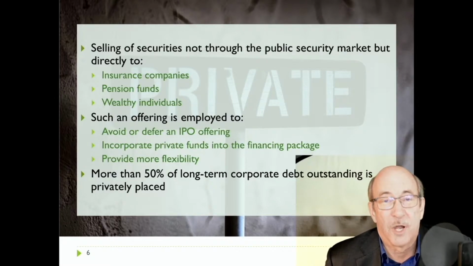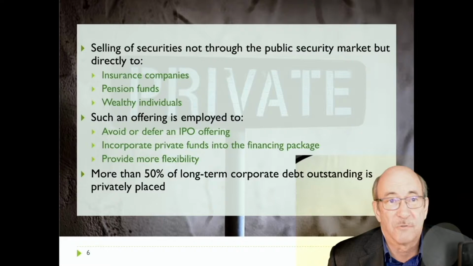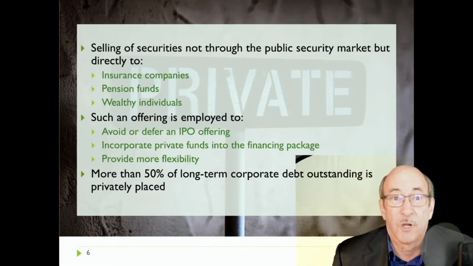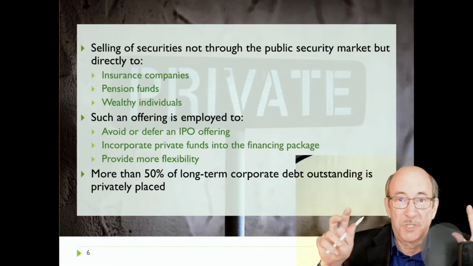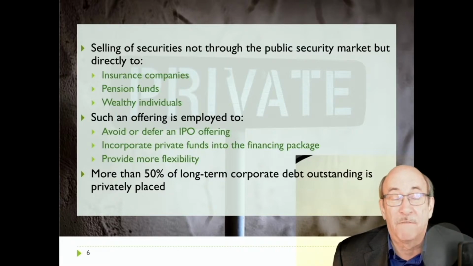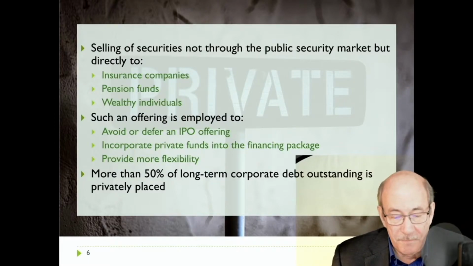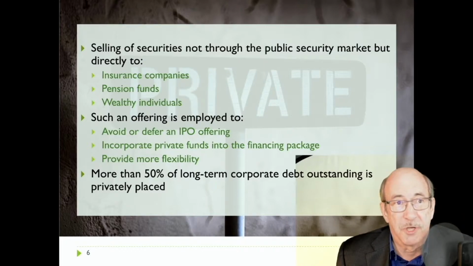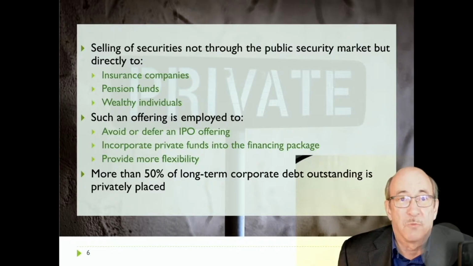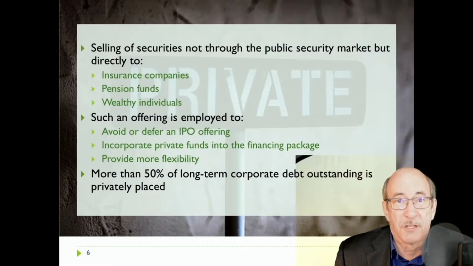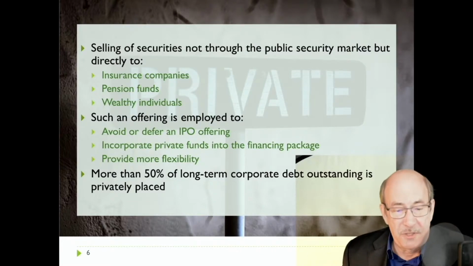The SEC requires a higher degree of compliance and oversight for a public placement to, quote unquote, protect the public investors, whereas they're making the assumption that financial institutions and financially sophisticated investors are able to discern what's going on without additional regulatory oversight. So it saves the firm some money, and it also gives the firm a different group, a different audience, if you will.